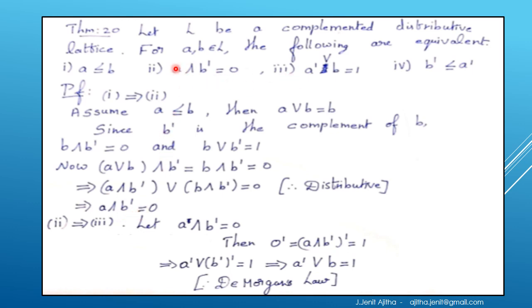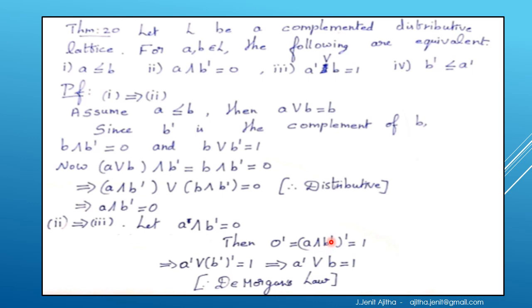Second part of the theorem. Now, condition 2 implies condition 3. Assume that A meet B complement equal to 0. And we know that 0 is the complement of 1 and 1 is the complement of 0. Therefore, 0 complement is equal to 1. And we have assumed that 0 is equal to A meet B complement. So this is equal to A meet B complement the whole complement.